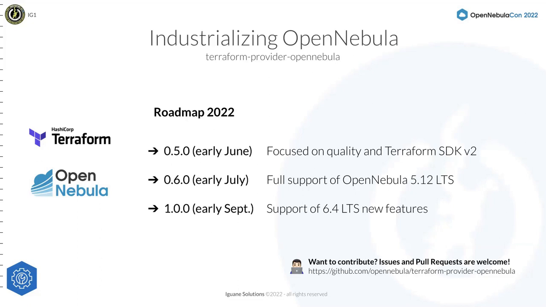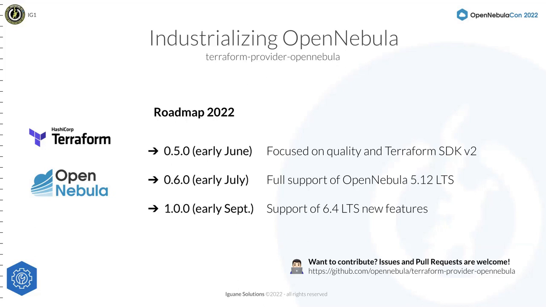And then in July, we will have the full support of the 5.12 LTS release, which is end of life very soon, but we want to have something very reliable and representing major resources of OpenNebula.